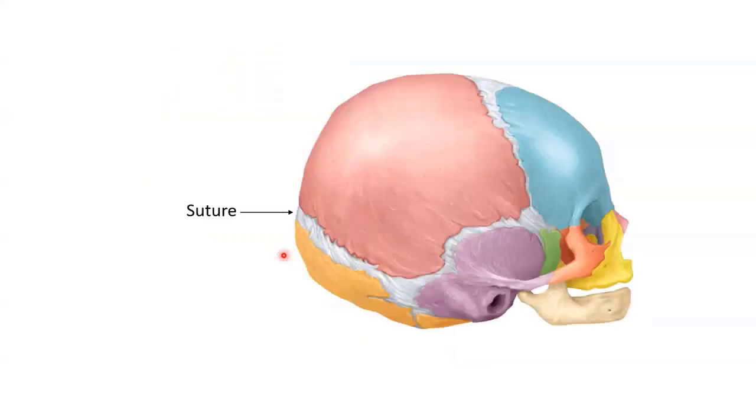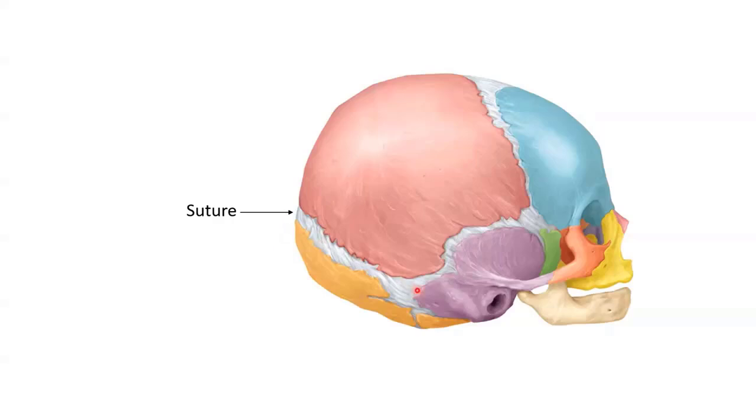Now finally, as we learned in the joints module earlier in the semester, holding together each of our cranial bones are sutures. Sutures are immovable joints that are only found within the bones of the skull. The connective tissue which forms the sutures and holds the bones together are considered the ligaments of the skull.